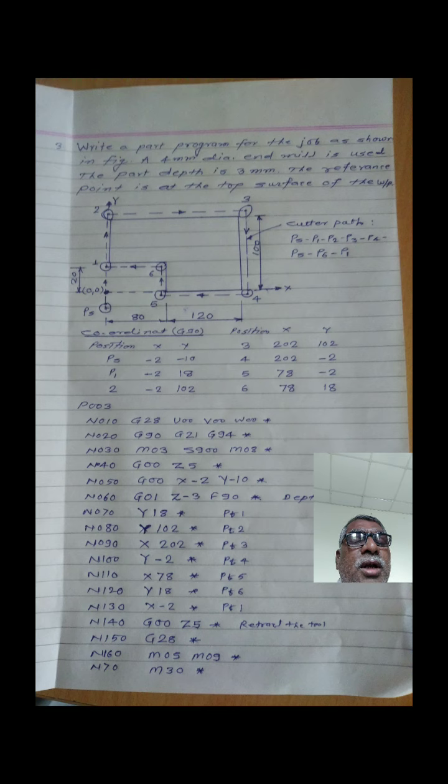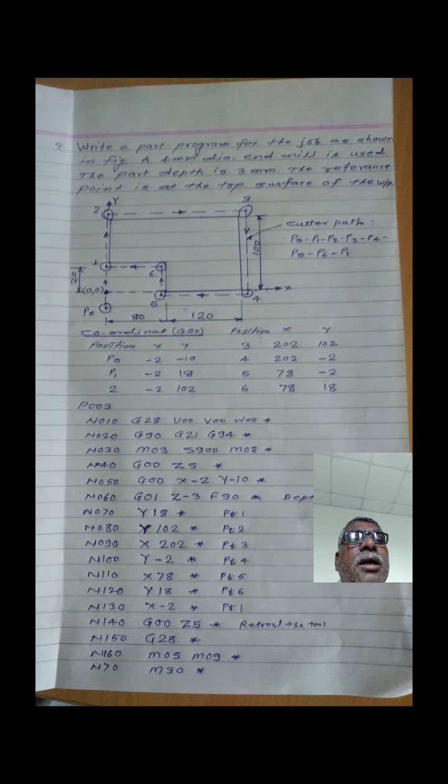Similarly, move the cutter along the x-axis. As the y coordinate remains the same, you have to mention the x coordinate in the next block only. N090, X202, end of the block. Means during the block number 90, your cutter is at point 3.